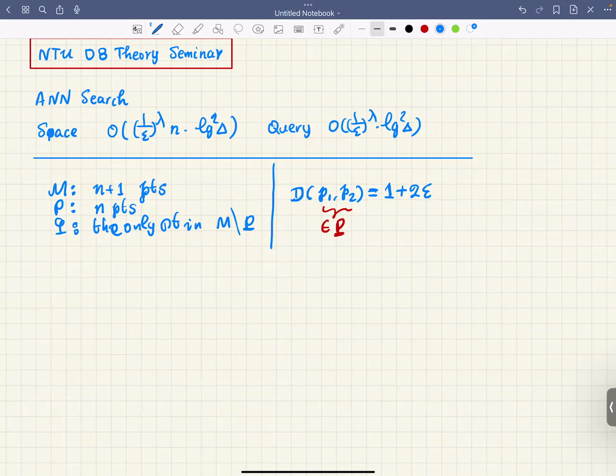If you calculate their distances, they're always 1 plus 2 epsilon. I'm constructing an example in a metric space, so I don't have to care about coordinates, because a metric space is more general than Euclidean space. It suffices to give you the sets and the distances, and that's it.